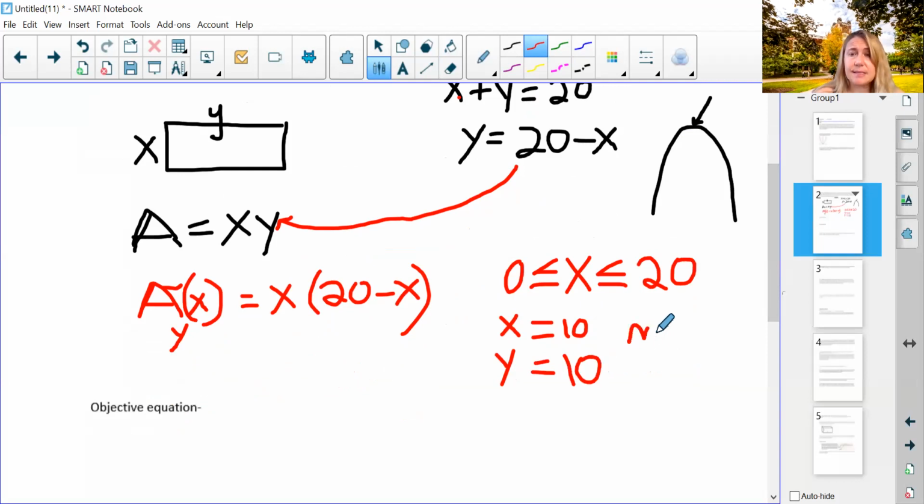And then the max area. And did I use units? I did use units. I said inches. Okay, so I should label my answer with inches then. And so then the maximum area is 100 square inches.